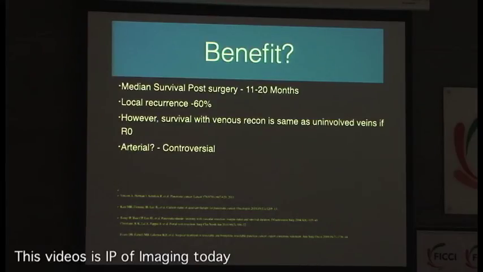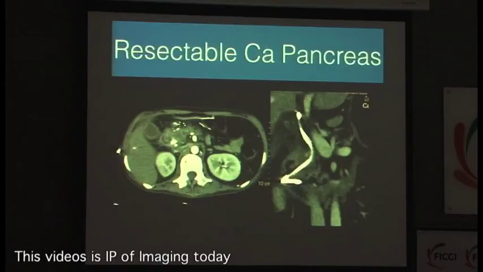Because the arteries have a periarterial neural plexus, if you do an arterial removal and reconstruction, the results are not that good, generally because of the involvement of the periarterial neural plexus. So most people will go in for a vein graft very easily, but will not like to do an arterial reconstruction because it really doesn't help the tumor.